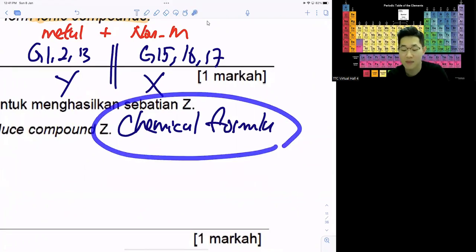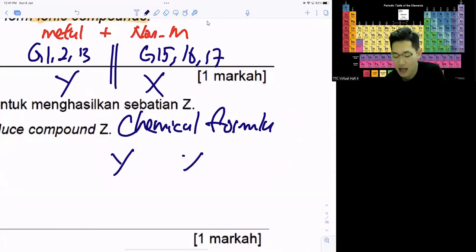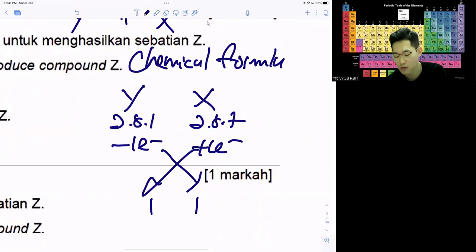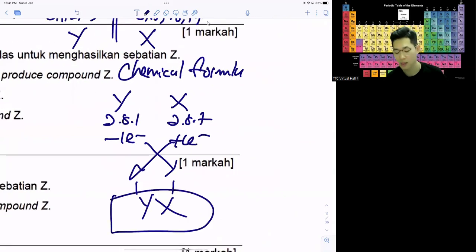Formula 是这样子的, Y 跟 X 结合, Y is 2.8.1, X is 2.8.7. Donate 1, receive 1. 你就问你自己咯, 它讲变 stable. Donate 1, receive 1. Exchange 1, 1, YX. So this is the chemical formula.